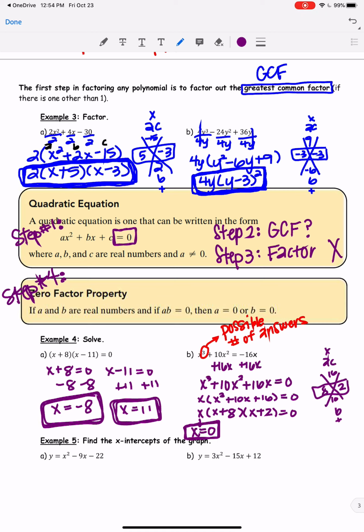X's are nice. Then we have x plus 8 equals 0, and x plus 2 equals 0. Subtract your 8 to get x equals negative 8, and subtract your 2 to get x equals negative 2. Those are my three answers.